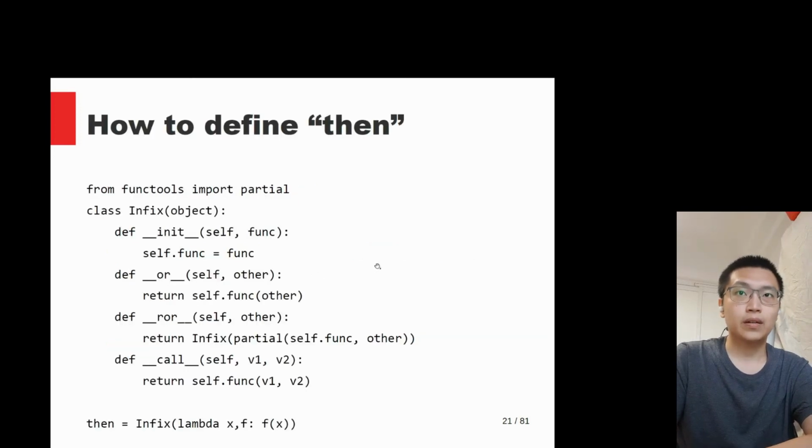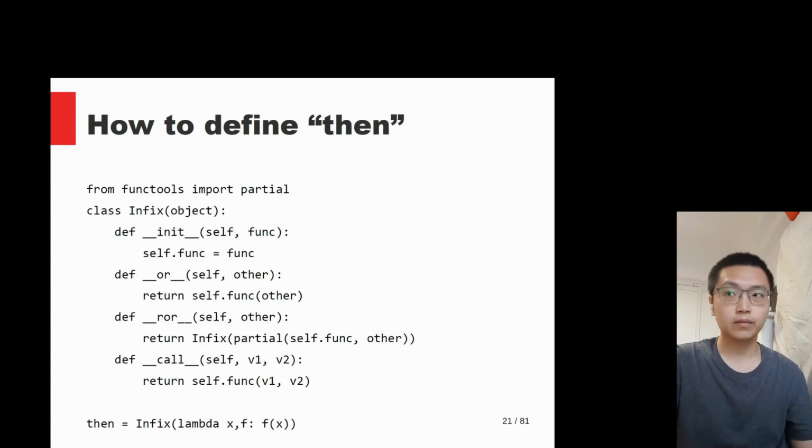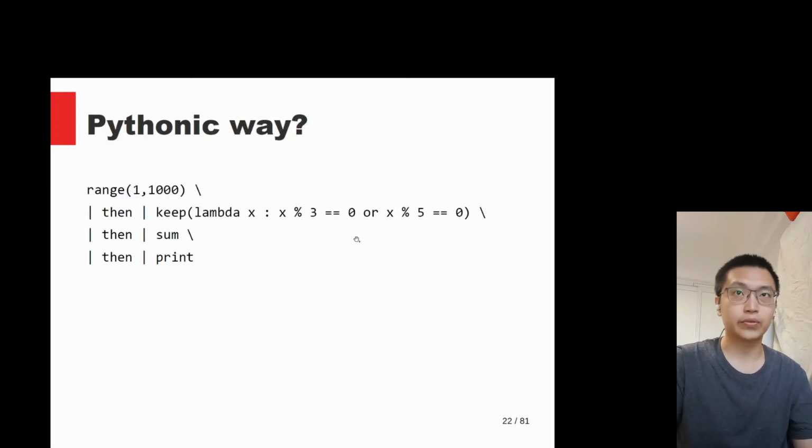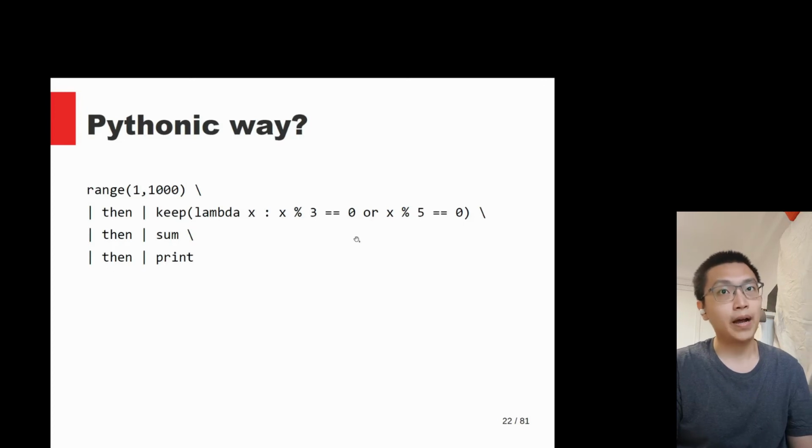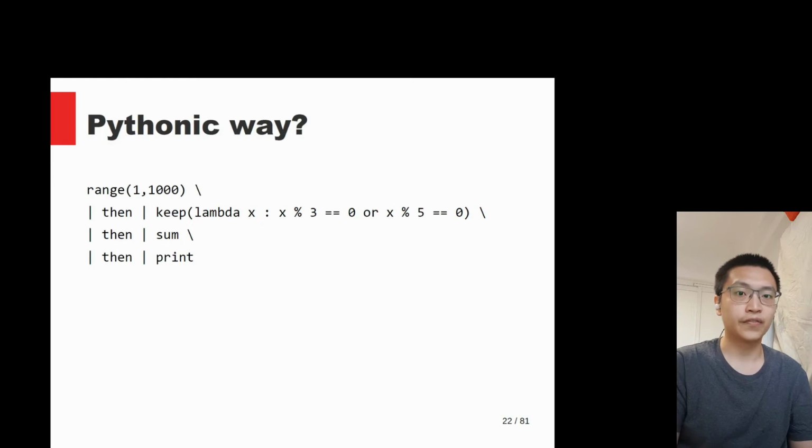Also, I defined the then notation with these definitions. This is the underlying code that goes behind the then notation, which looks quite complicated, and it's not so easy to comprehend. And so, a natural question to ask is, is there a more Pythonic way of achieving this syntax? That is the goal of this talk today.